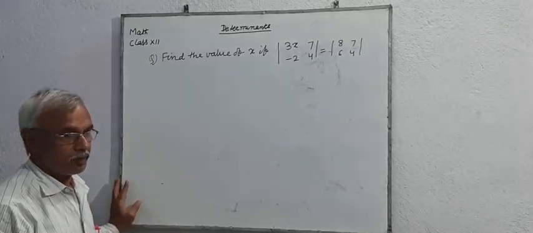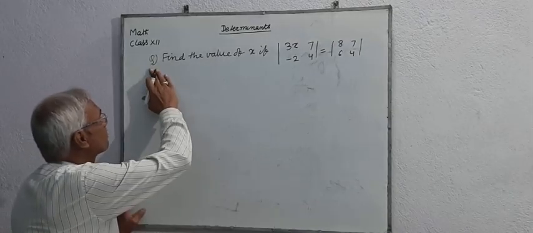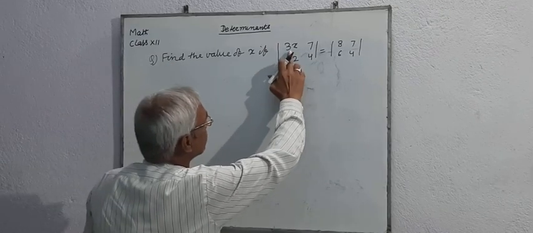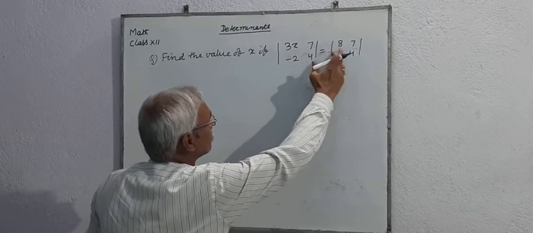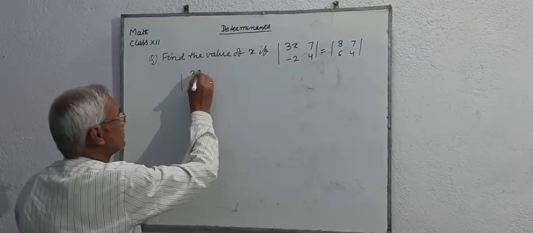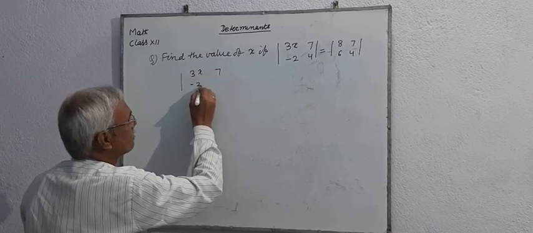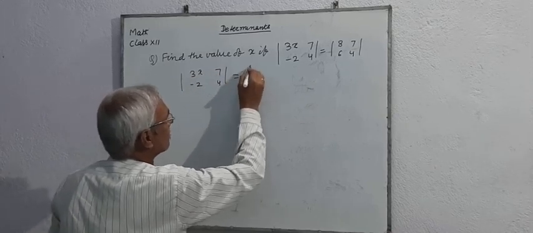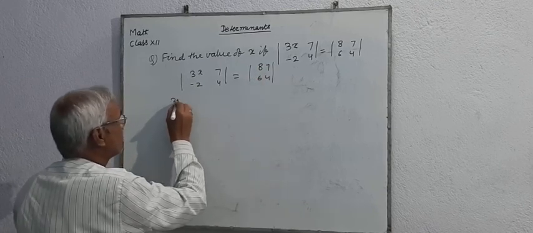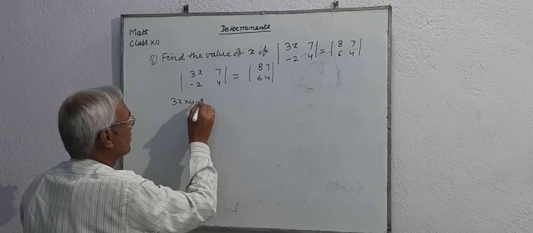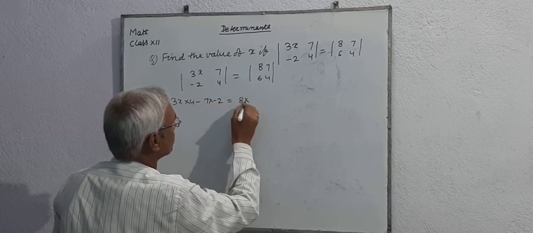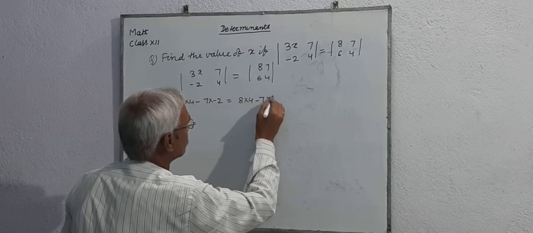Solving some questions. Find the value of x if the determinant 3x, 7; minus 2, 4 equals the determinant 8, 7; 6, 4. So 3x into 4 minus 7 into minus 2 equals 8 into 4 minus 7 into 6.